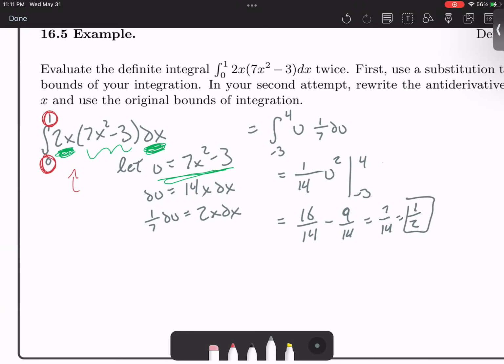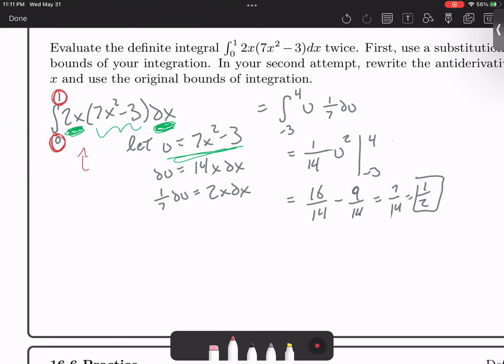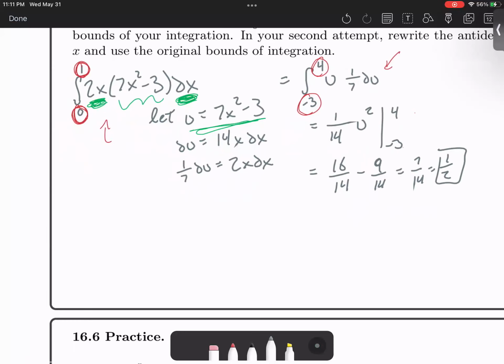So let's solve this again, except remember how we had to find our new bounds of integration once we moved variables? Well, you don't actually have to do that, but it's still equally as complicated. Let's revisit. We can write this integral as the integral of u times 1/7 du, right?